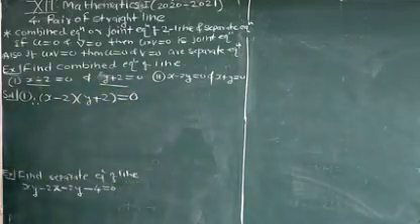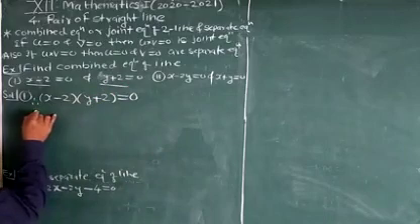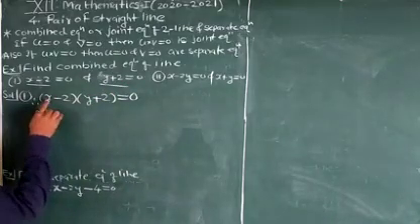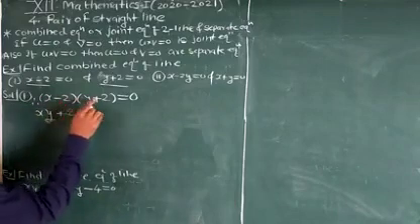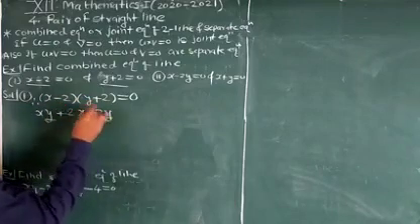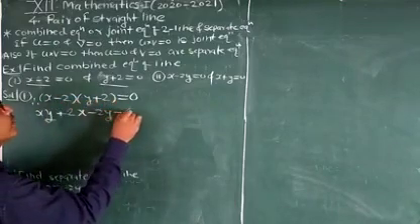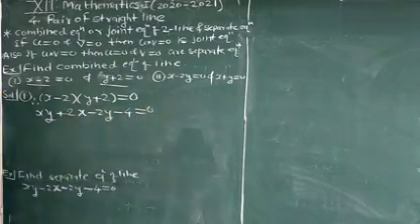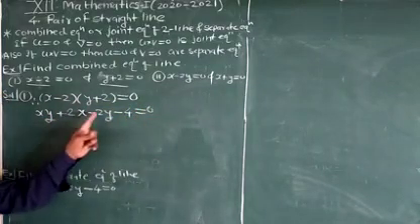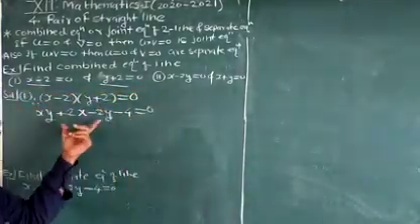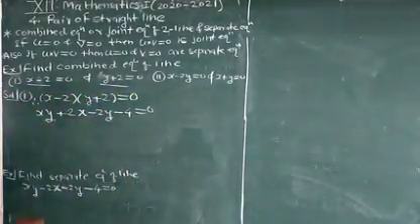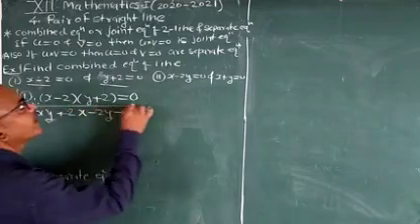Solving: xy plus 2x minus 2y minus 4 equal to 0. All four terms are completely different, so we cannot add them. This is the final answer.